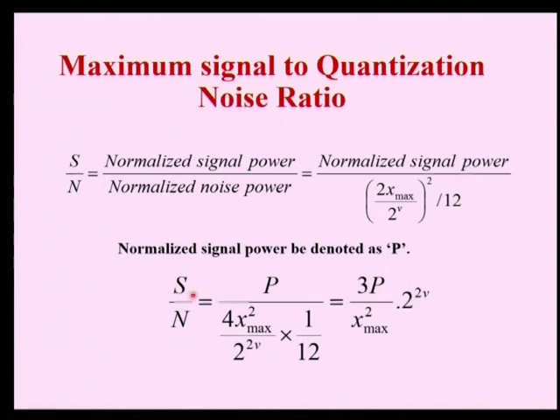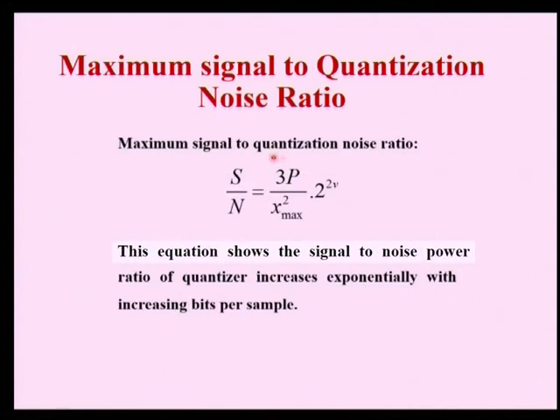So, the signal to noise ratio depends on the parameters P, the signal power, v, the number of bits, and x square max, which is nothing but the maximum level of the signal. So, the maximum signal to quantization noise ratio is given by this equation.